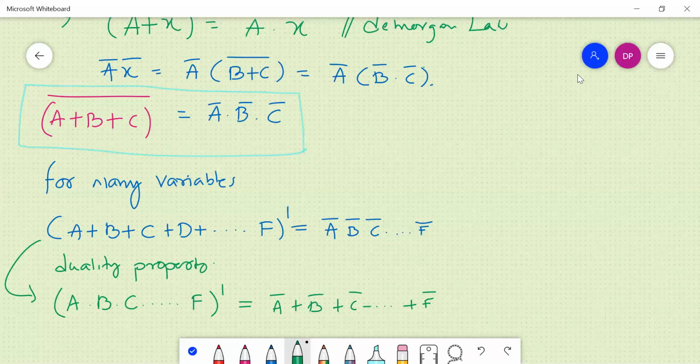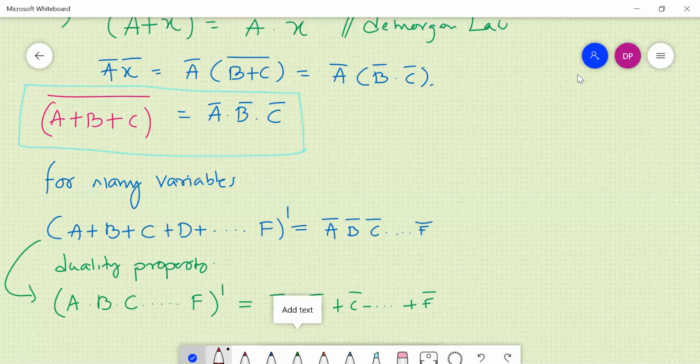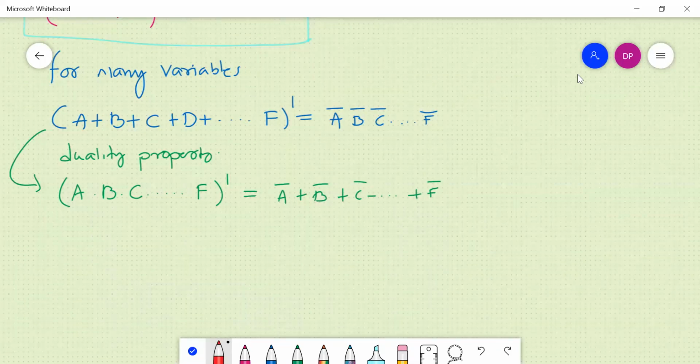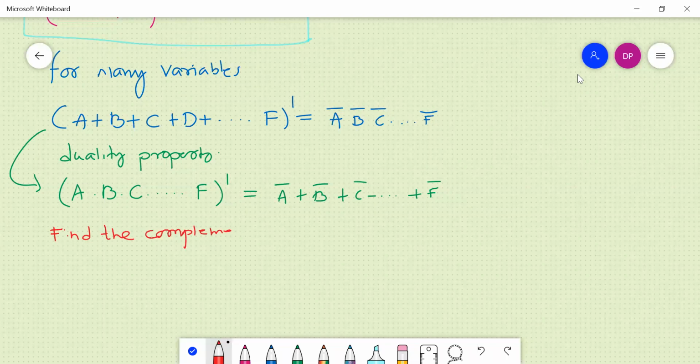Now take a question. Find the complement of the function I'm writing here.